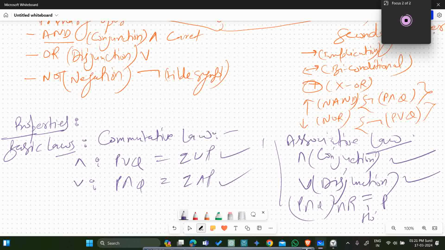So this is showing holds. This is very important terminology. P and Q, and R, all right, and same for disjunction also.